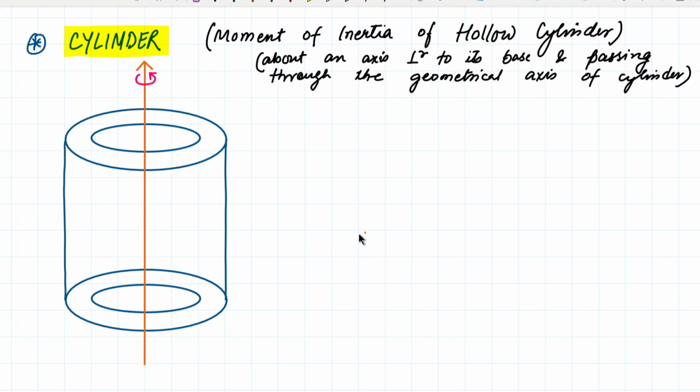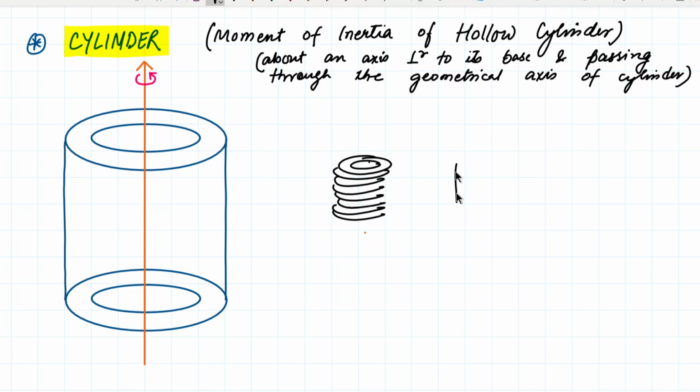Now, to calculate this by the same methods that we have been doing for larger bodies like we did yesterday, you can either assume that this hollow cylinder is made up of some smaller elemental structures. For example, you can imagine that this hollow cylinder is made up of annular discs put on top of each other, and then you integrate it.